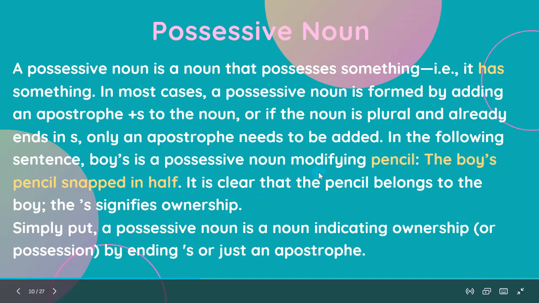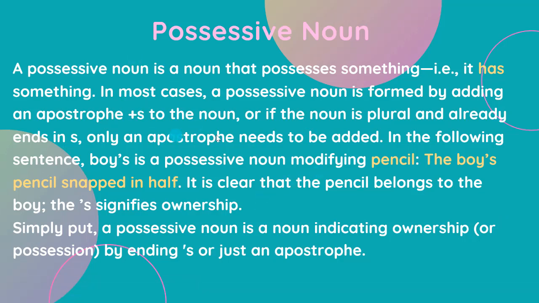So let's see the possessive noun. A possessive noun is a noun that possesses something. For example, it has something. In most cases, the possessive noun is formed by adding an apostrophe s to the noun. Or if the noun is plural and already ends in s, only an apostrophe needs to be added.